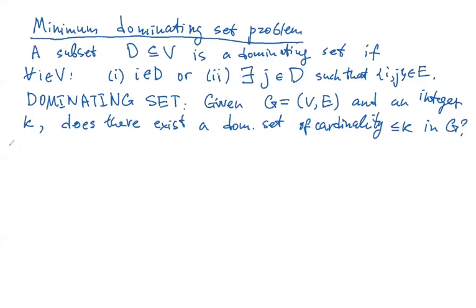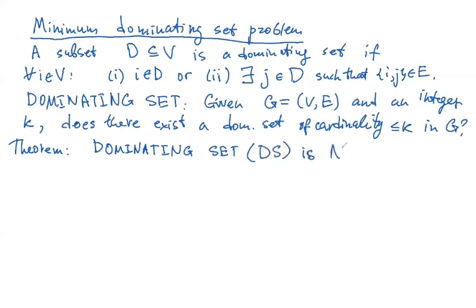So then we'll show that the dominating set problem is NP complete. So let's call it DS is NP complete.